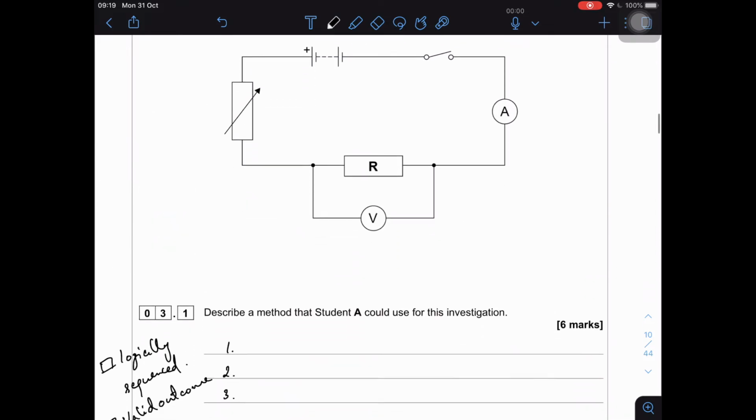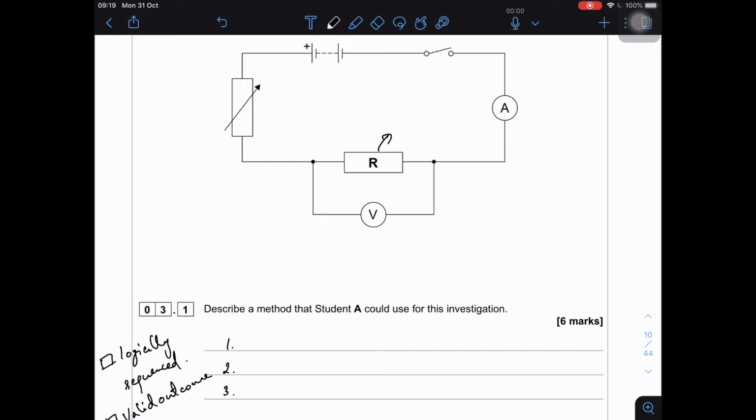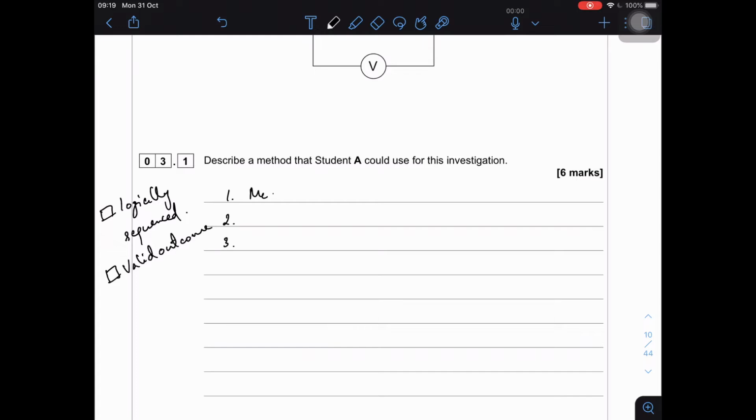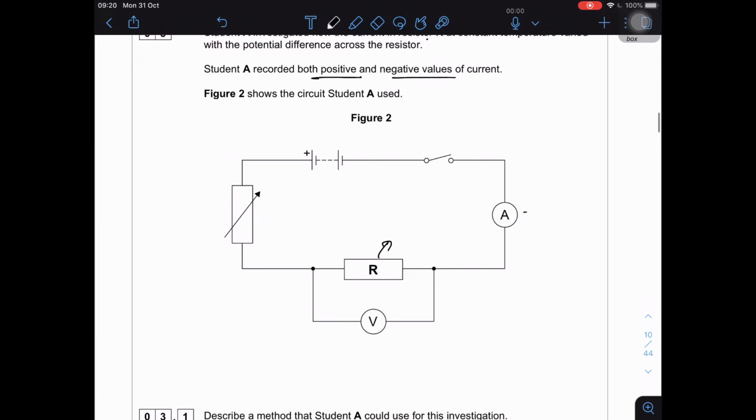The first thing you need to do is measure the current in the resistor R using an ammeter.